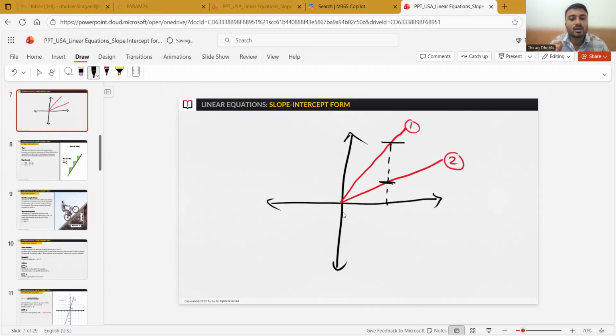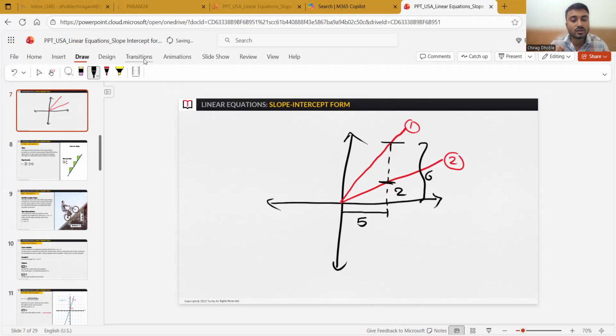For the same horizontal distance on the x-axis, let's say 5 units, the vertical distance traveled by the two lines is different. Let's say this is 2 units and this complete distance is 6. If you travel more vertical distance for the given horizontal distance, the slope becomes steeper. So line 1 has more slope than line 2.